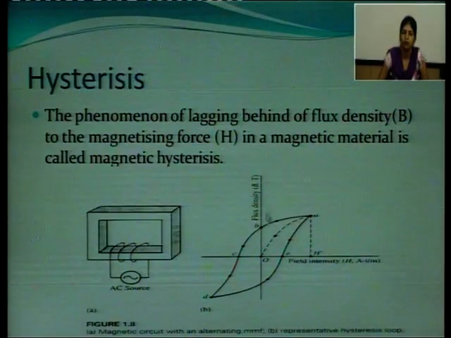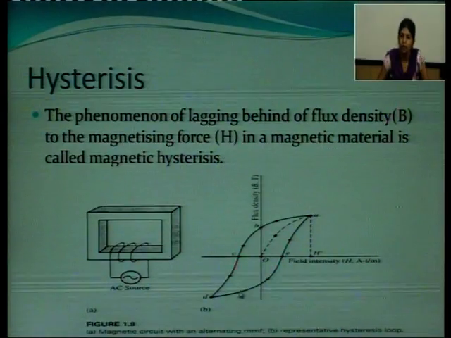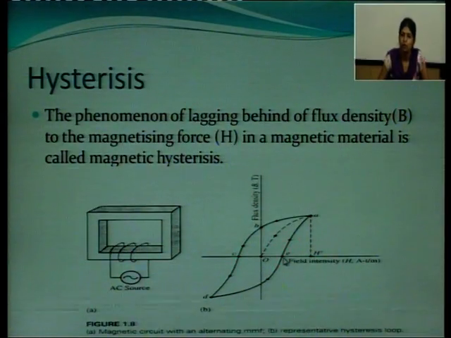See this curve: firstly it is increasing, then decreasing to a negative value, again increasing to 0 and then again increasing. This closed loop is known as the hysteresis loop.